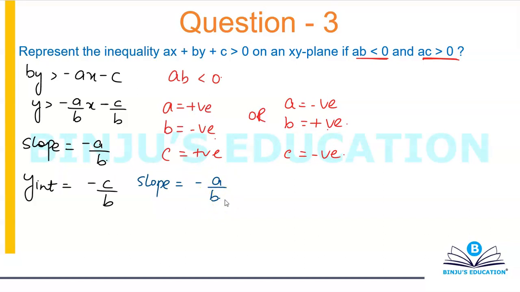If A is positive and B is negative, can I say A by B in itself has to be negative or no? If A is positive and B is negative, then positive over negative has to be negative, right?